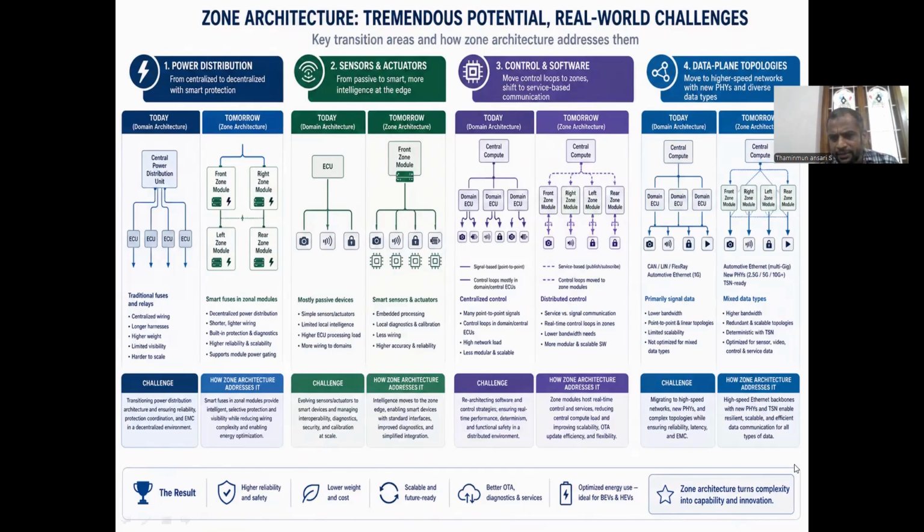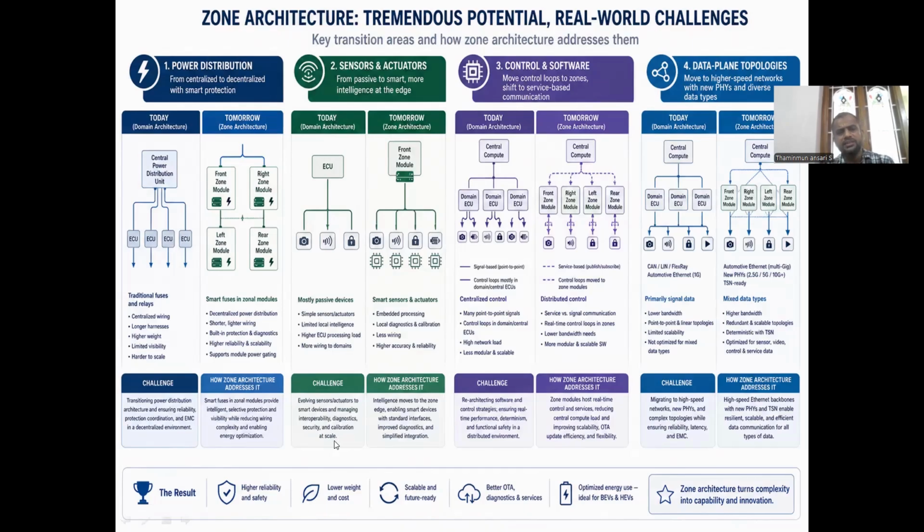So let us sum up the challenges that we have in the sensors and actuators of domain architecture and how they are addressed in the zone architecture. The challenge is evolving sensors and actuators to smart devices and managing interoperability, diagnostics, security, and calibration at scale.